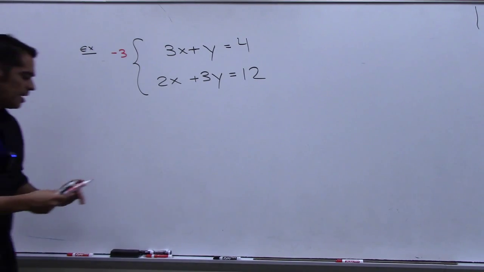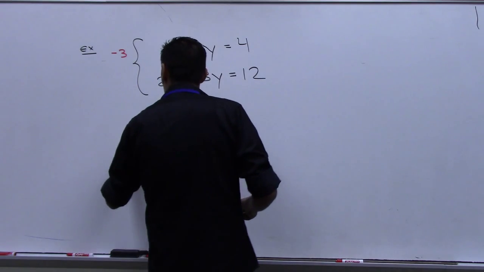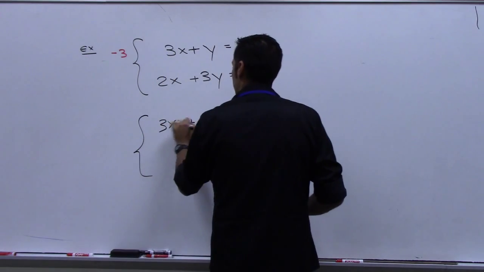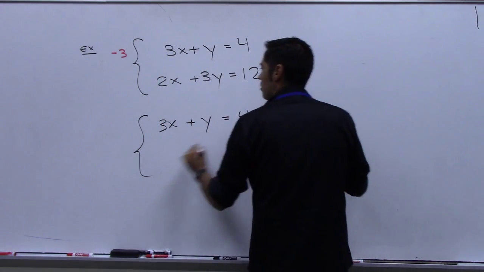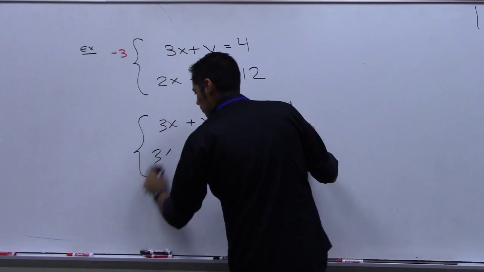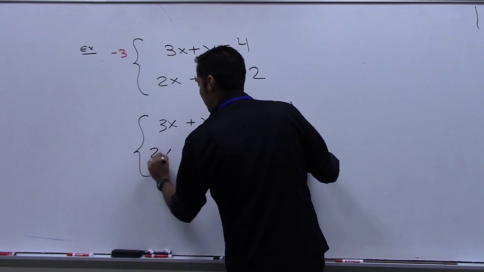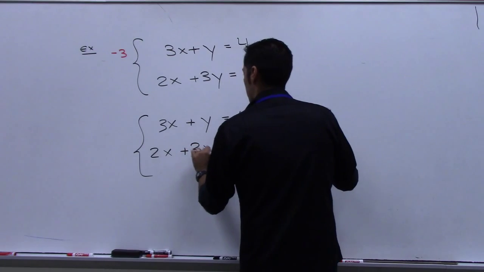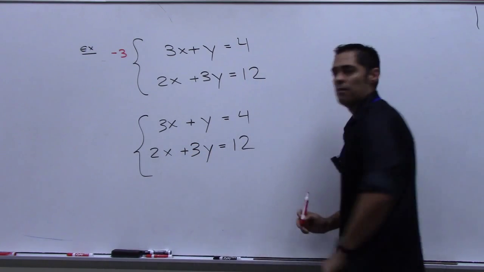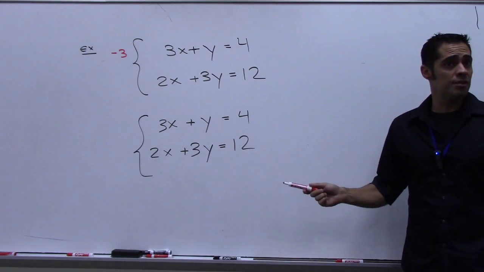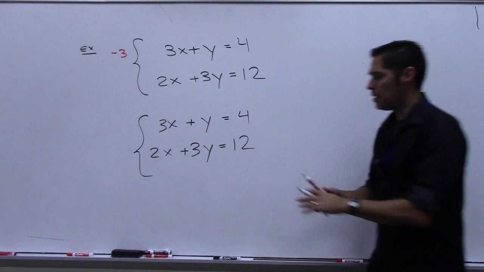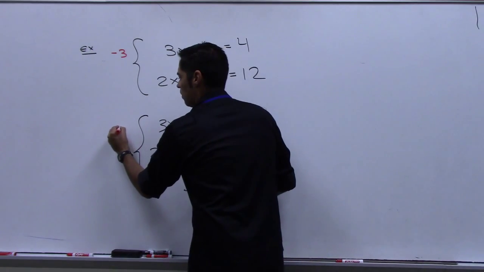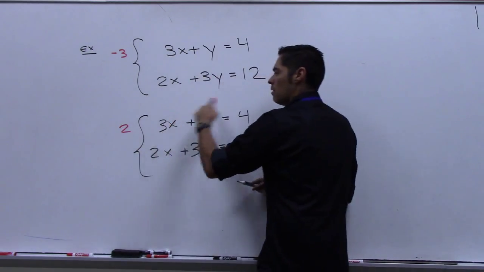Now, what Lily was saying is correct also. That's not the only approach you could have taken. You could have also tried to get the x's to cancel. But the x's are a little harder because one of them is 3x, the other one is 2x, right? So watch what we could do. I can multiply the top by 2, through everything.